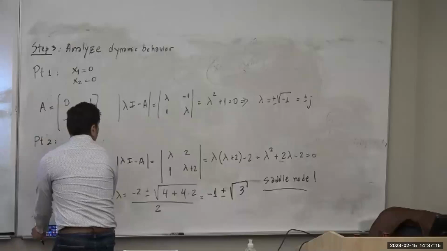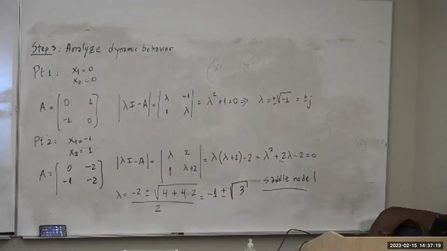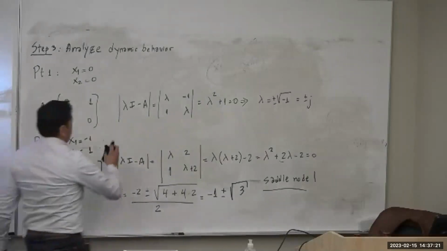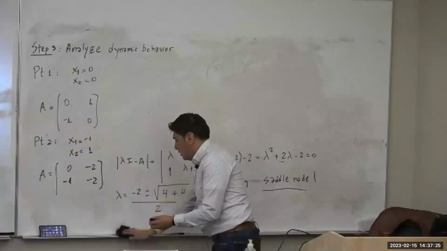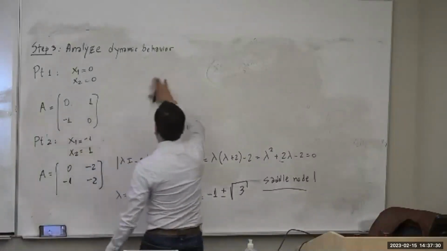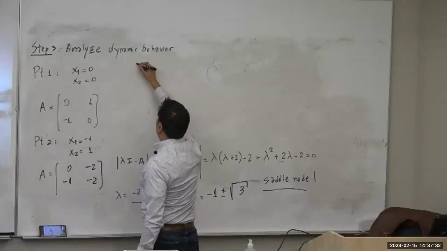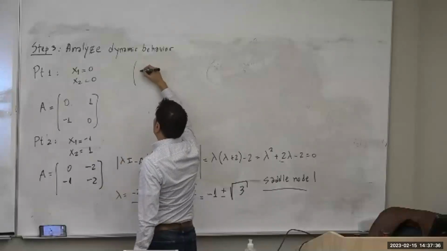So let me do it here. And we get the eigenvector. So the eigenvector we pick for lambda 1, q1.